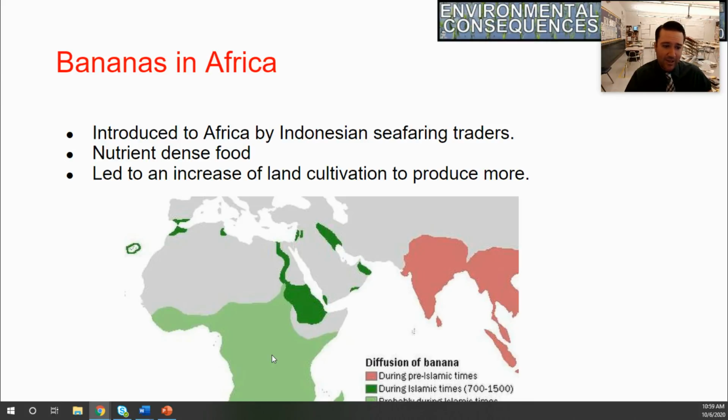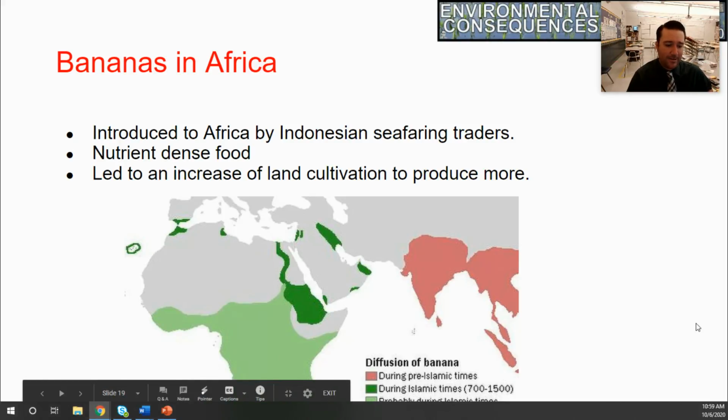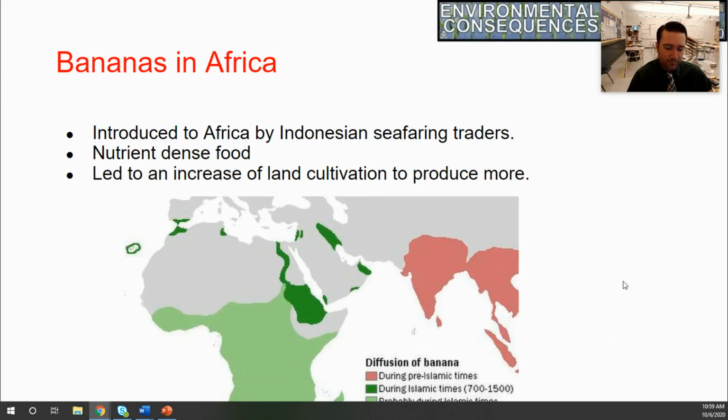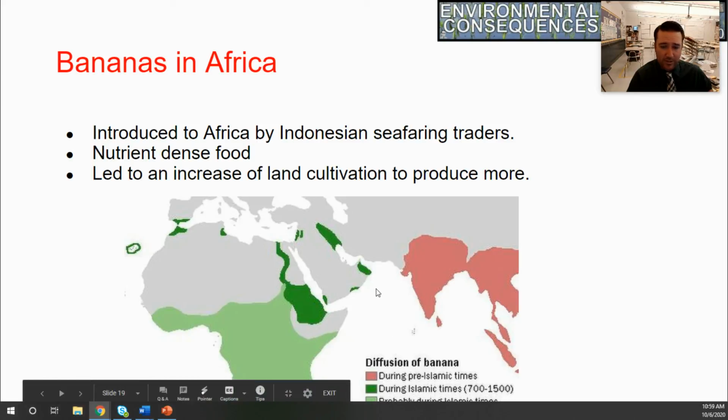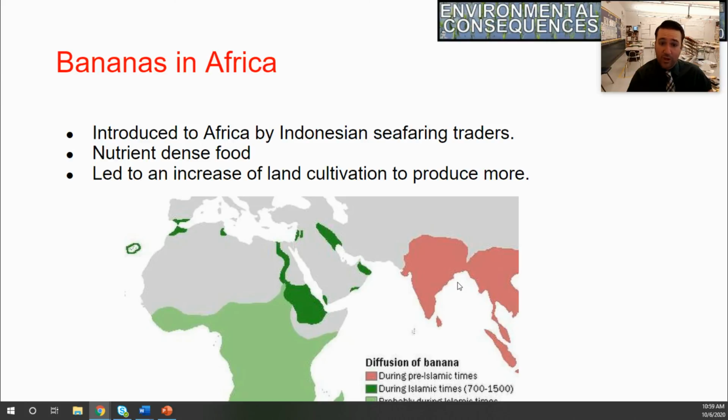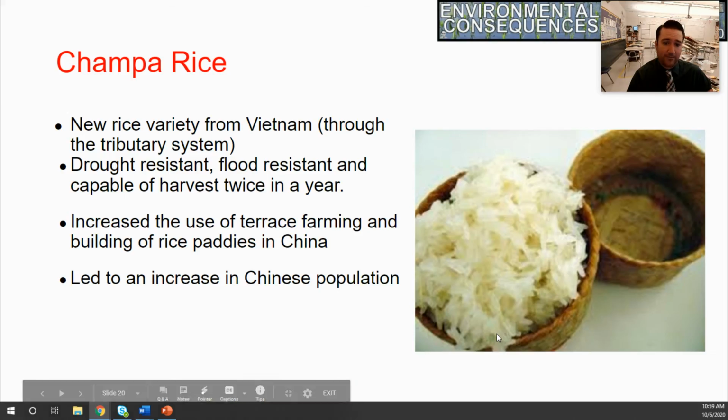It spreads wide because of the traveling people, the Bantu people. So bananas have a big impact overall in the civilization of Africa. And then, of course, bananas will be introduced into South America, where a lot of them are grown today, especially the ones that we get in our supermarket stores, which usually come from South America.